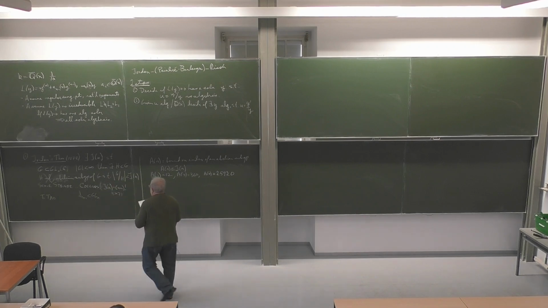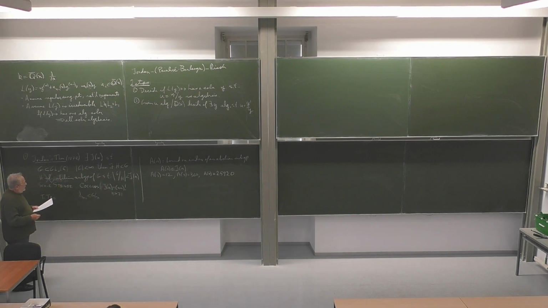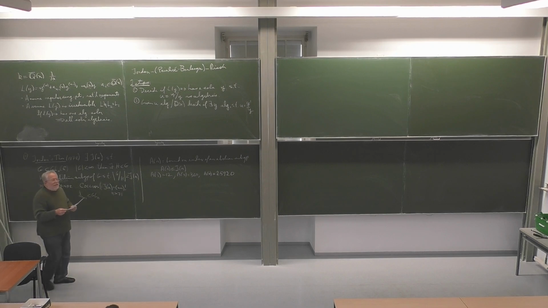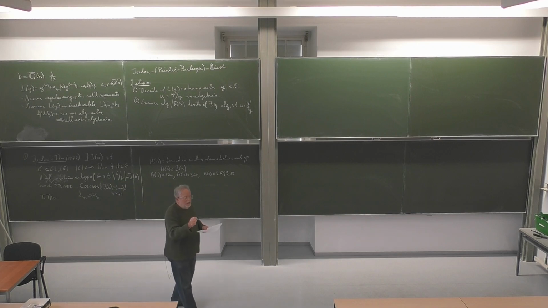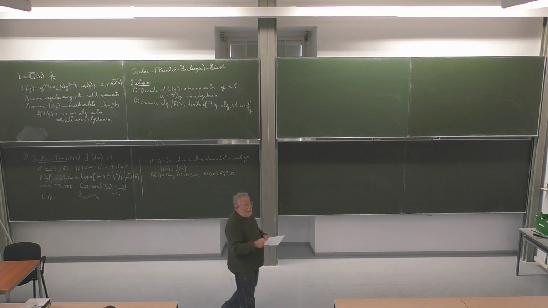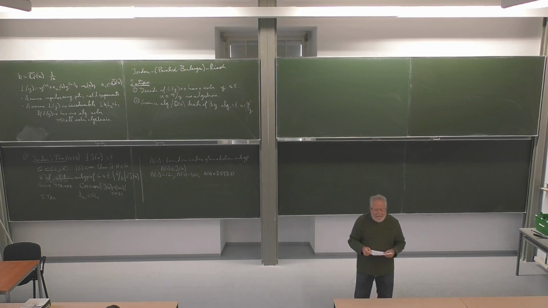I'm going to use this. Okay. So J is for normal abelian subgroups. I'm saying I don't need it to be normal. I just need it to be abelian.